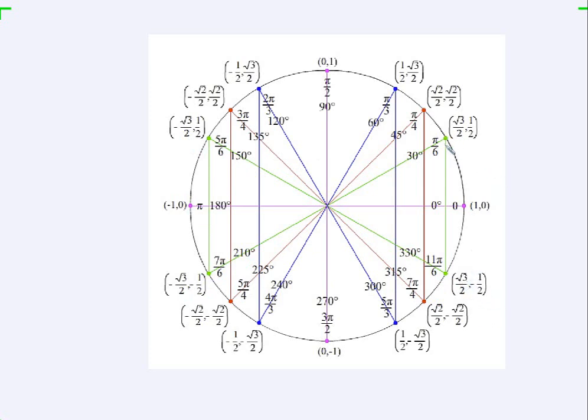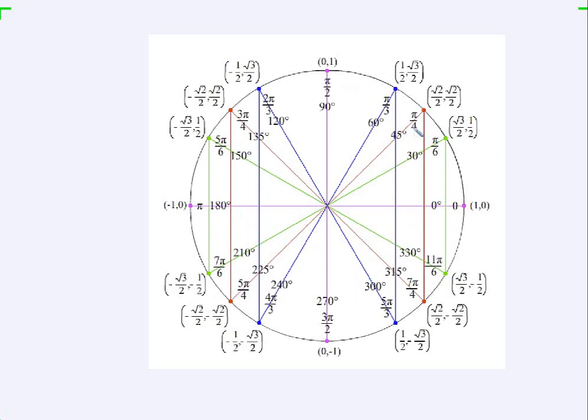Alright? So basically, if you know the coordinates for quadrant 1, then you know all the other quadrants' coordinates also. You just have to understand, okay, is x or y negative or positive based on what quadrant you're in. Alright? And this is the case for pretty much all the other values too.